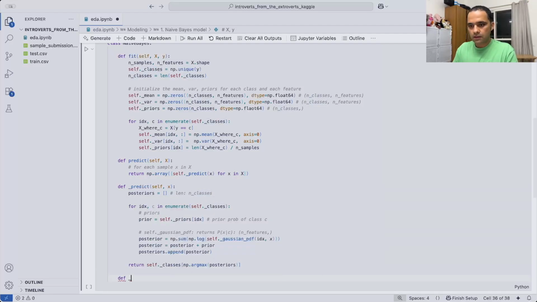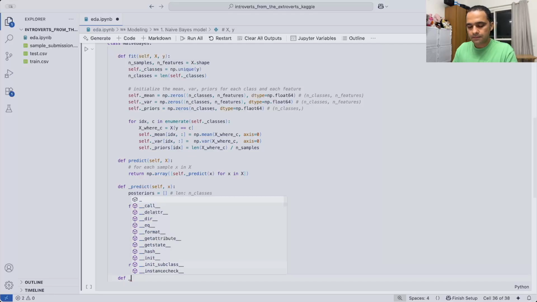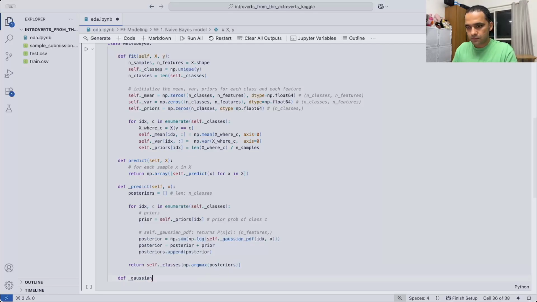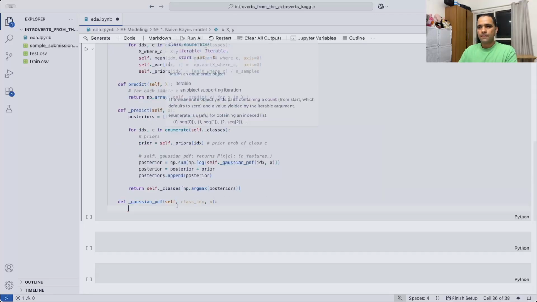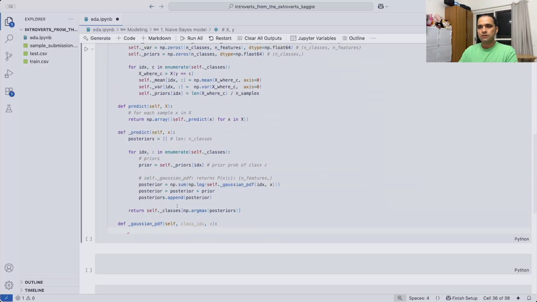Now we are left to define this Gaussian PDF function, which takes the class index and the sample as input. So what does it do here?